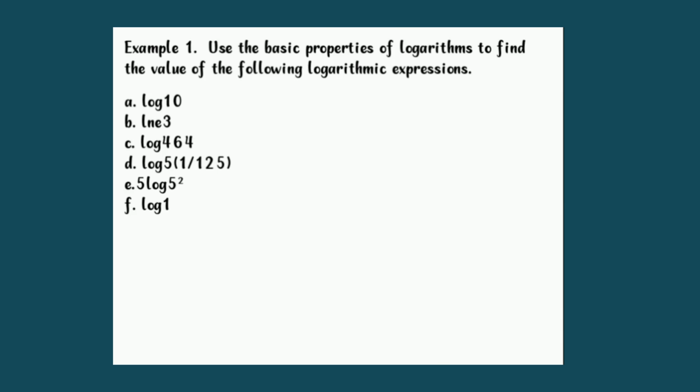Example number 1. Use the basic properties of logarithms to find the value of the following logarithmic expressions. Letter A, log 10. Letter B, natural logarithm of e^3. Letter C, log base 4 of 64.